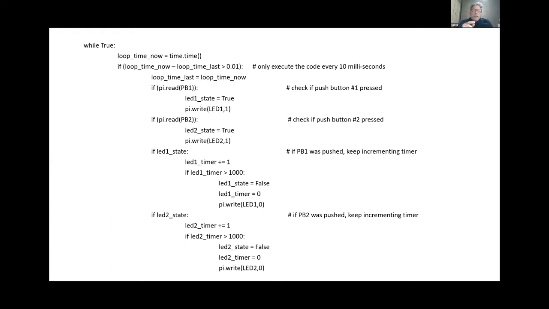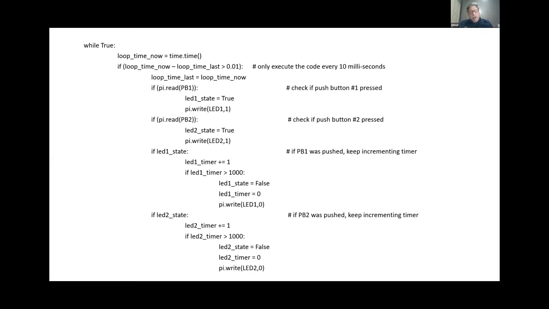So then I say, read the input button, press button 1, and if it's true, it's been pressed right now, turn on a state: LED 1 state equals true, and turn on the LED. If press button 2 has been pressed, turn on a Boolean state, LED 2 state equals true.